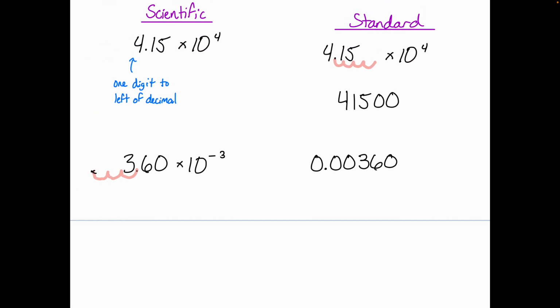You're going to go in the other direction. 6,120. Take that from standard notation into scientific notation.